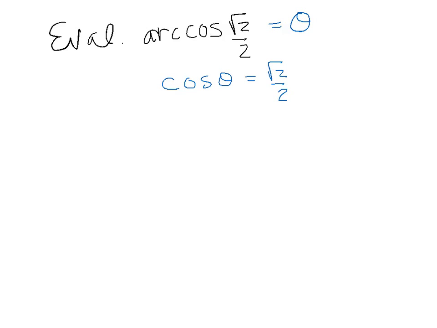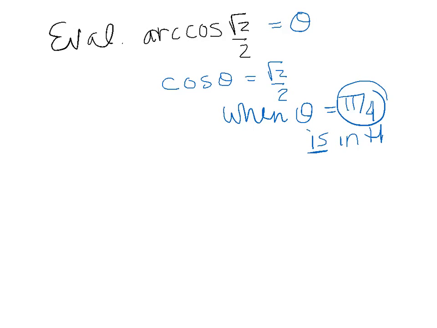But I'm pretty good at my unit circle by now, and I remember square root 2 over 2 is when theta is pi over 4, right? So that'll be my answer, because this pi over 4 is in the range for an arc cosine, because the range, remember, was 0 to pi, and this certainly falls in that range, so that's going to be a good answer for me, pi over 4.